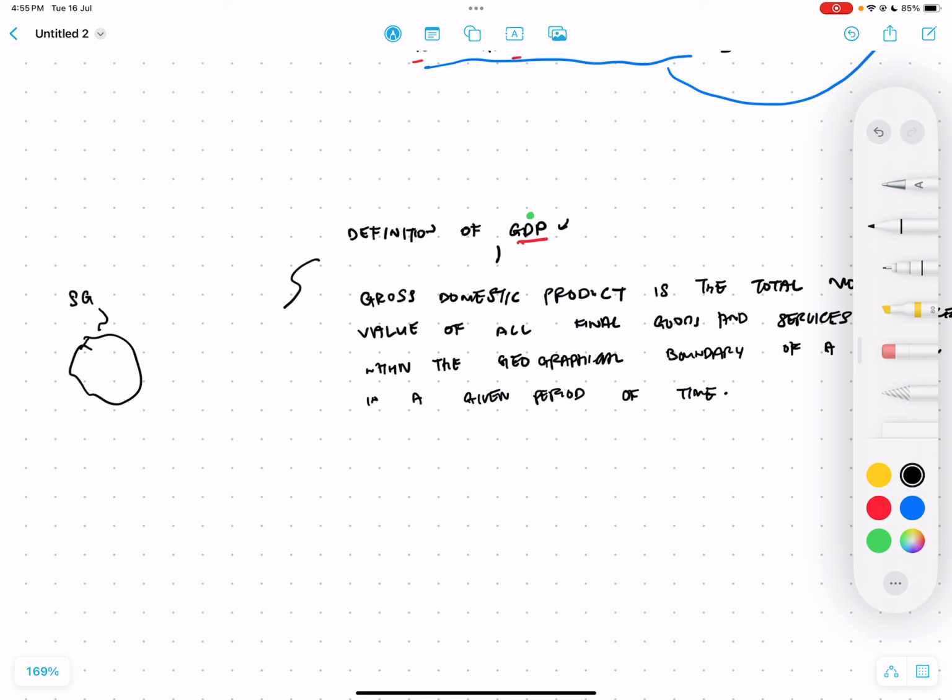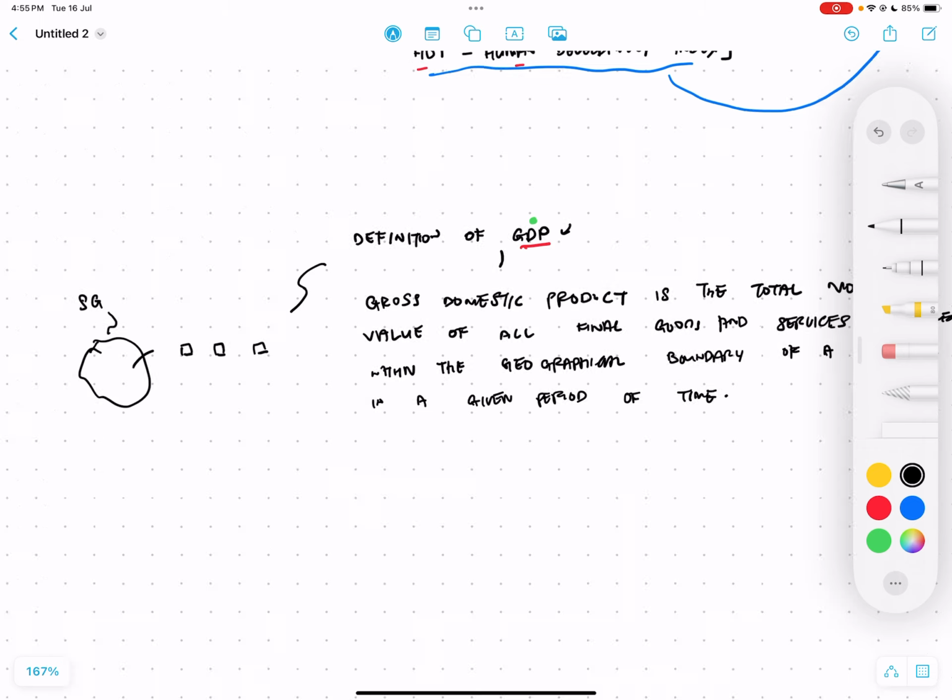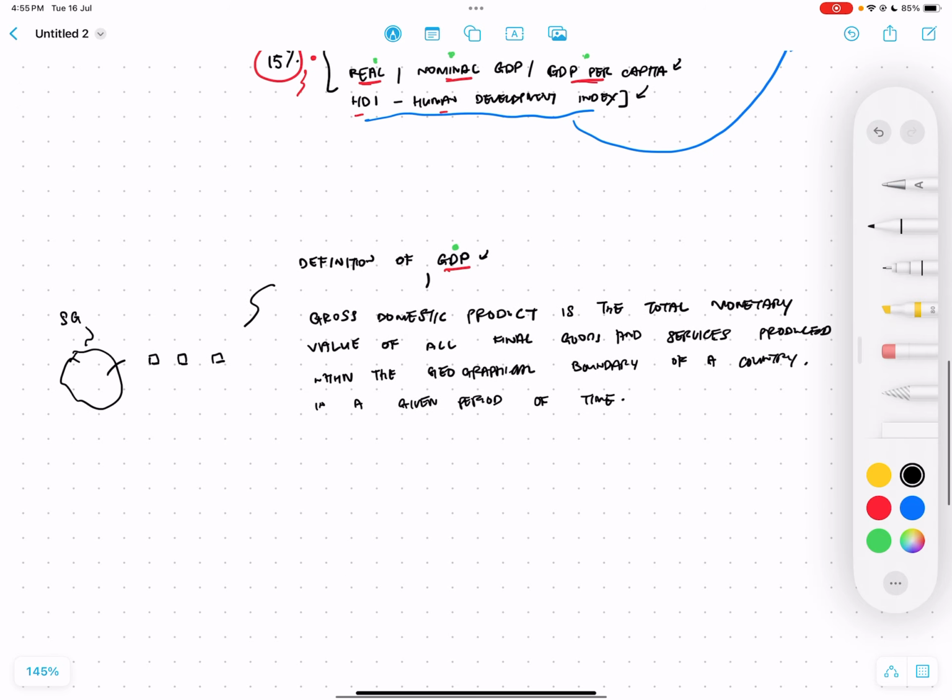Whenever you collect all the factors of production in Singapore, you ask how many goods and services all the factors of production within this geographical boundary can produce. So let's say in Singapore we have a lot of factors of production, so we can produce 3 squares. Gross domestic product is the total monetary value of all final goods and services produced within the geographical boundary. So I've addressed geographical boundary.